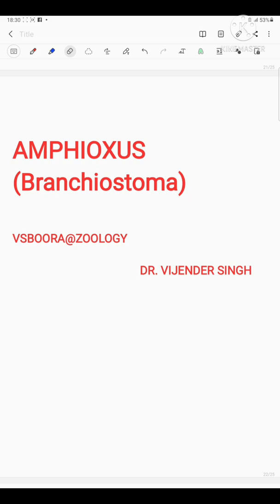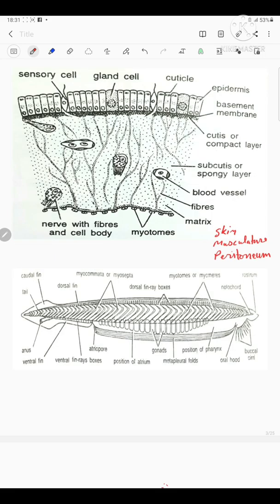Today, we are going to discuss the body wall of Amphioxus or Branchiostoma. The body wall of Amphioxus includes, from outside, a thin, delicate, and transparent skin, that is this one, it is the skin.